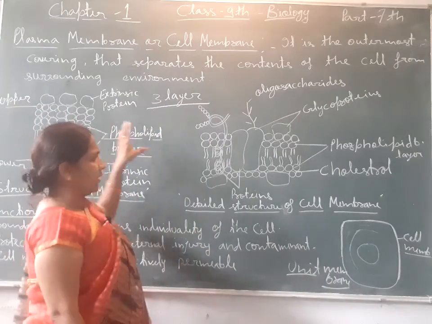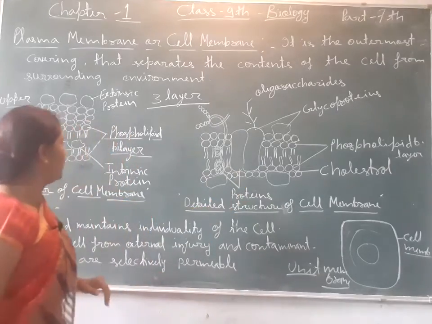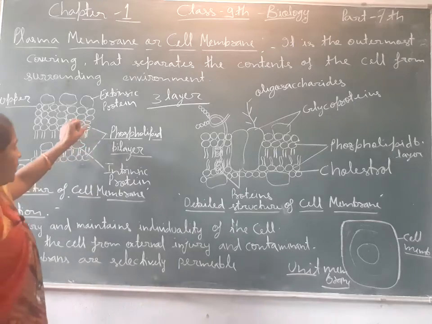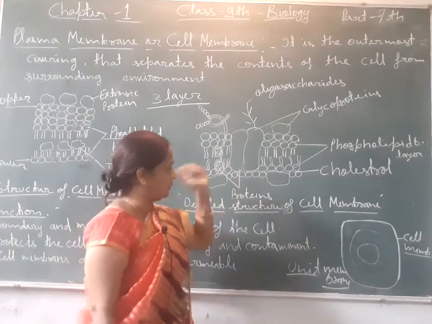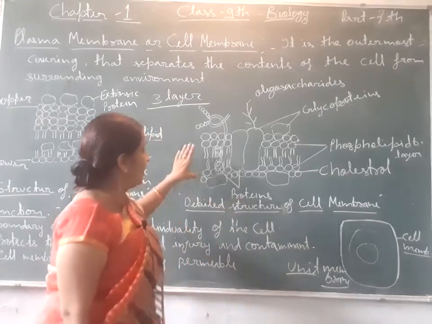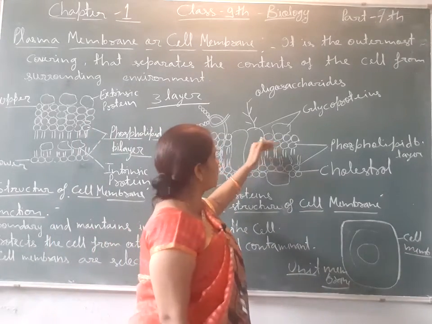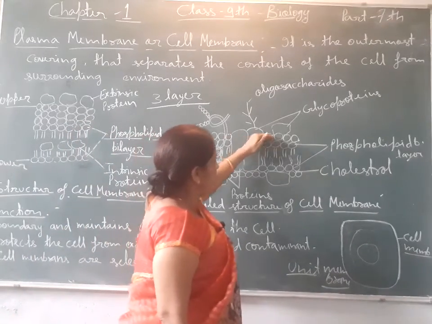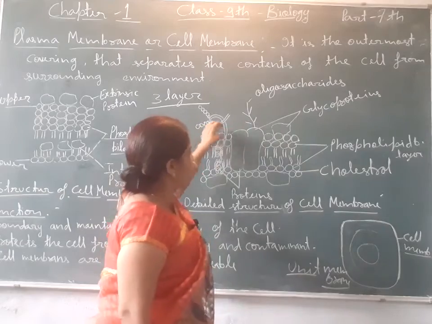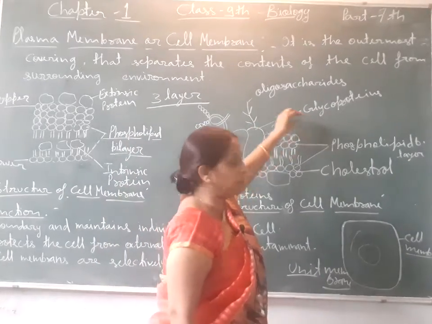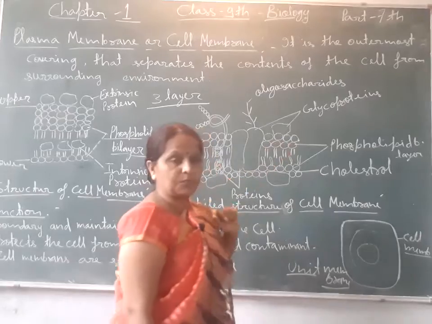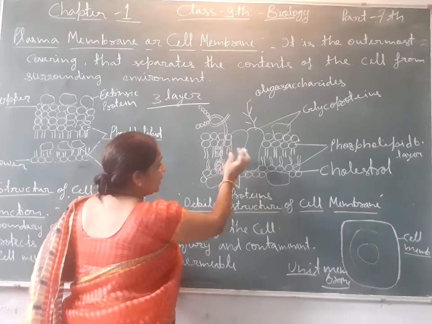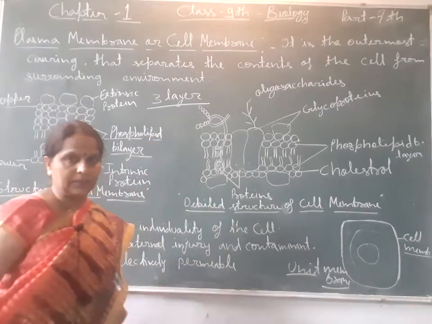In some books, models of the structure of the cell membrane are given, like the unit membrane. It was given by Singer and Nicholson. It is the structure in which 3 layers are formed. The outer protein layer is called extrinsic protein, meaning it is present on the outside, and intrinsic protein is intermixed with the phospholipid bilayer.